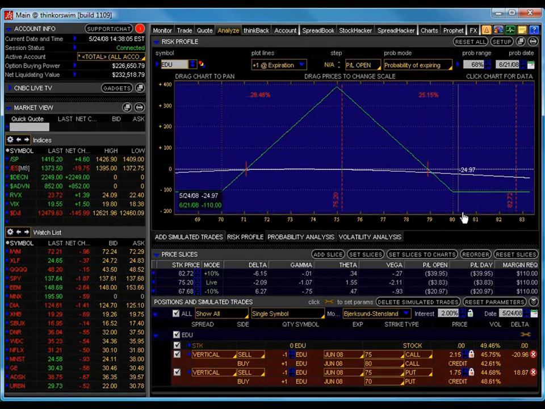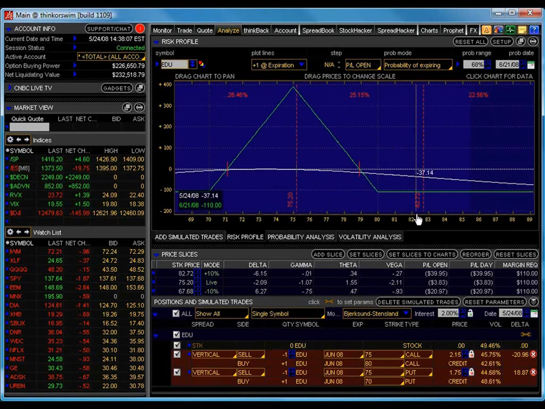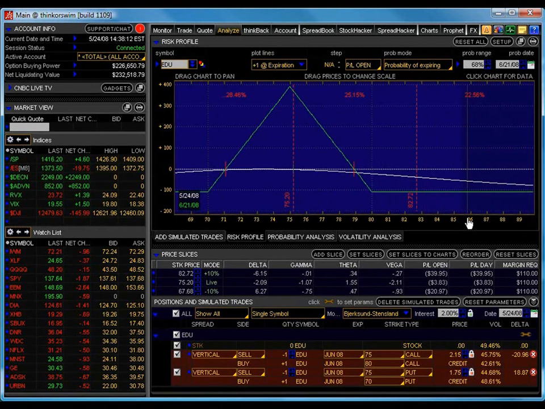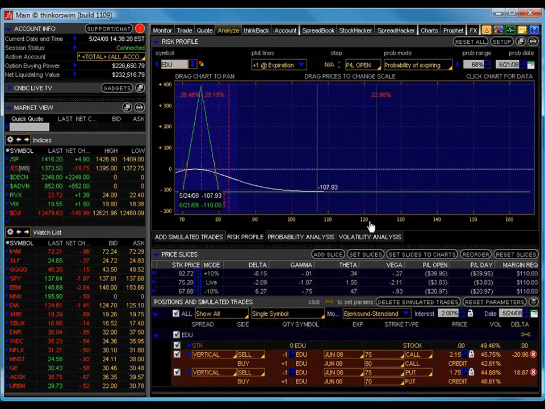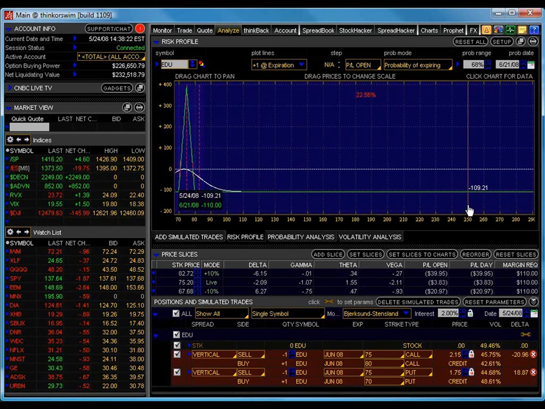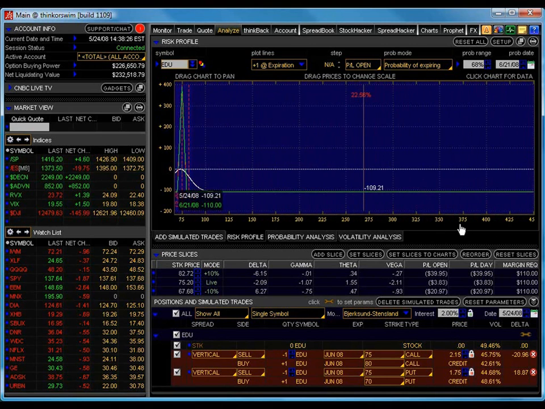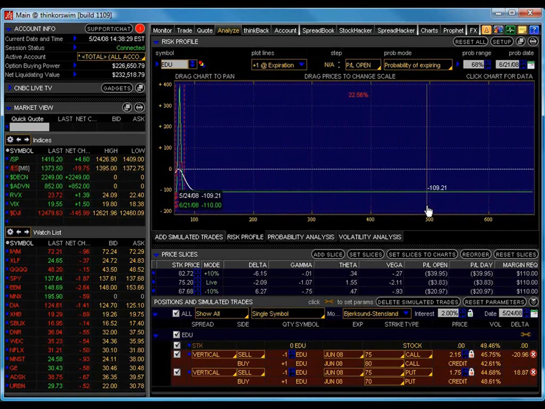However, when you take a look at the potential loss, and if we do get into a situation in which this company is rumored as a takeover target, and the price suddenly jumps from 75 to over $250, well, our maximum loss, it doesn't matter how high the stock goes, our maximum loss is only $109.